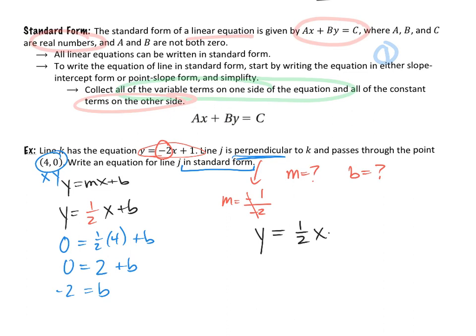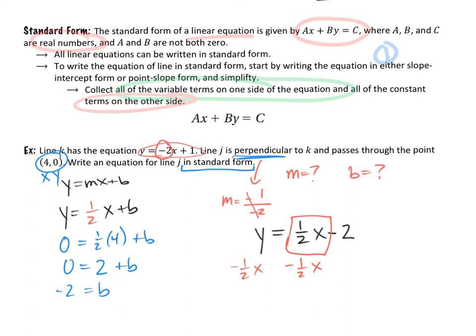So this is y equals 1/2 x minus 2. And I want to put all of my variables, all of my x's and y's, on one side. Okay? If it's in slope-intercept form already, I can just subtract my whole mx term from both sides. So I'm going to subtract 1/2 x.